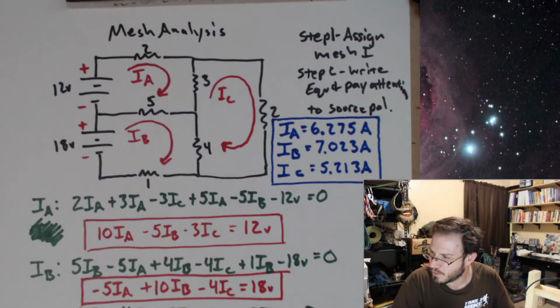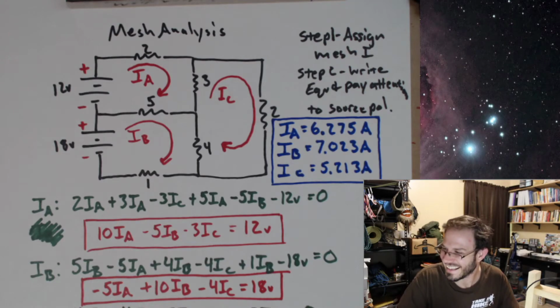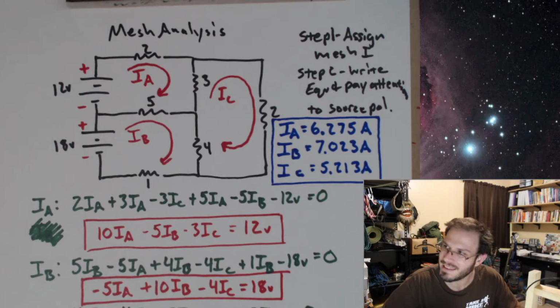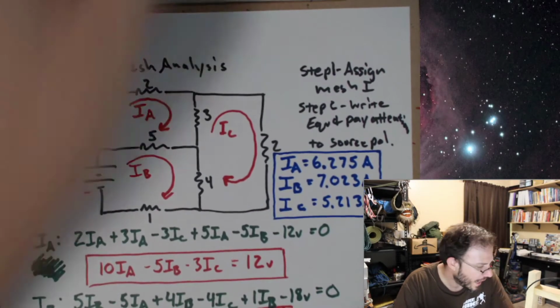You got 0.213 for IC. You see? Yeah, it's very easy to mess up those solutions, so make sure to practice that.